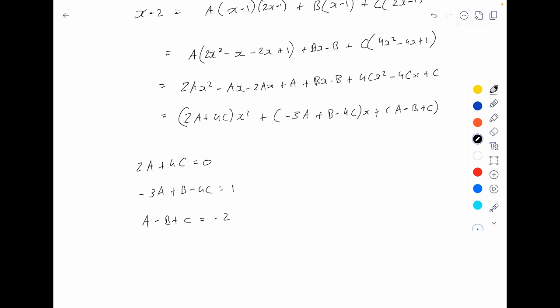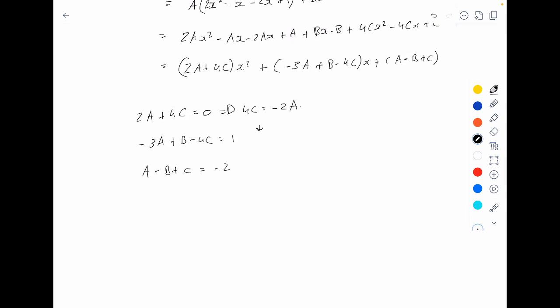So what can we say? Well, I can say that 4c is equal to negative 2a, which means negative 3a plus b minus 2a is equal to 1.